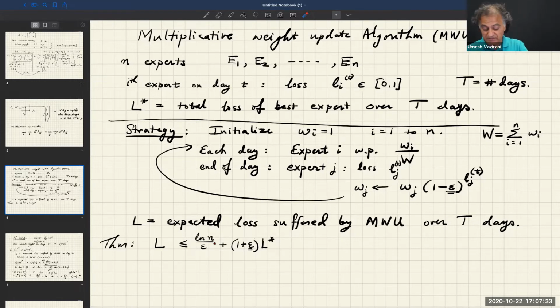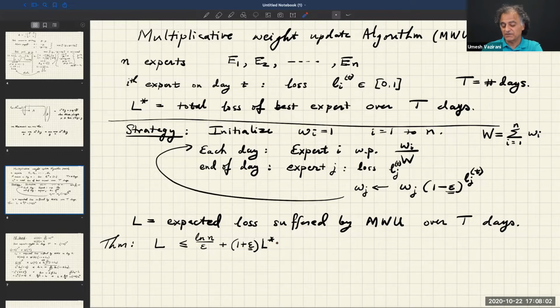Well, you can't, because then this blows up. If you make epsilon 1 in a billion, then this becomes a billion log n, so you're paying there. But on the other hand, as you make epsilon larger, you pay more and more of a cost in terms of how much more than L star a loss you suffer. So you want to balance these in some way.